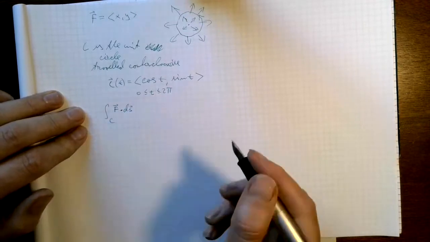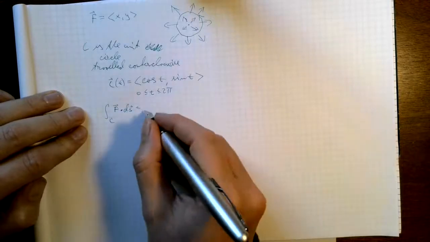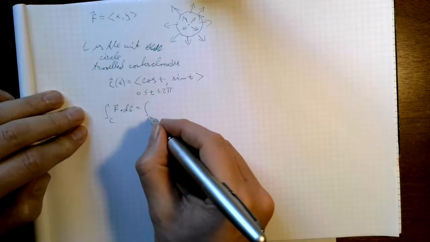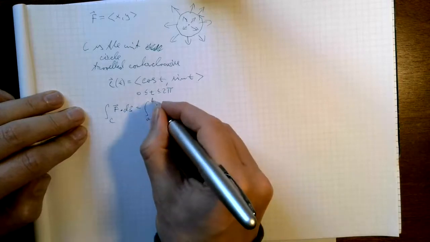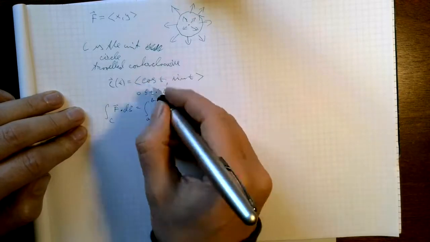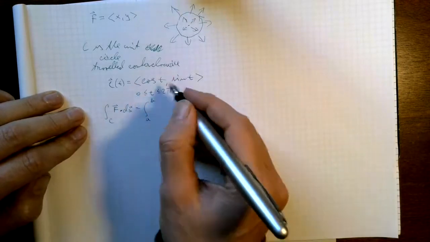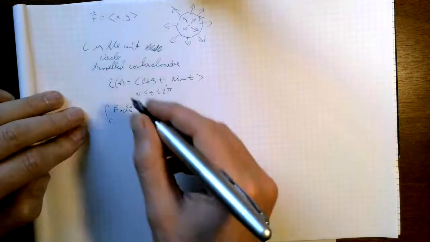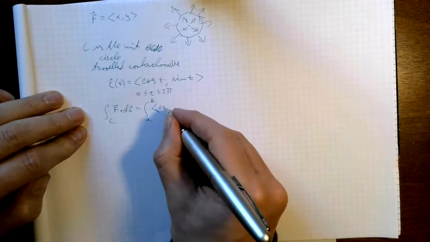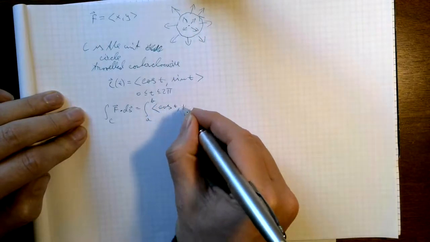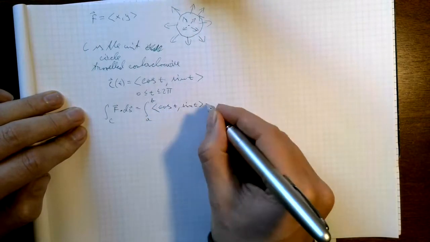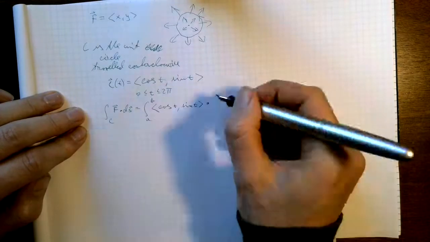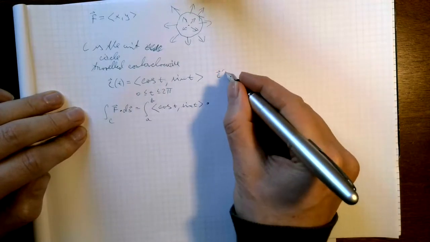It's really the integral from a to b of f, where this is my x and this is my y, so f is (cosine t, sine t), dot c prime.